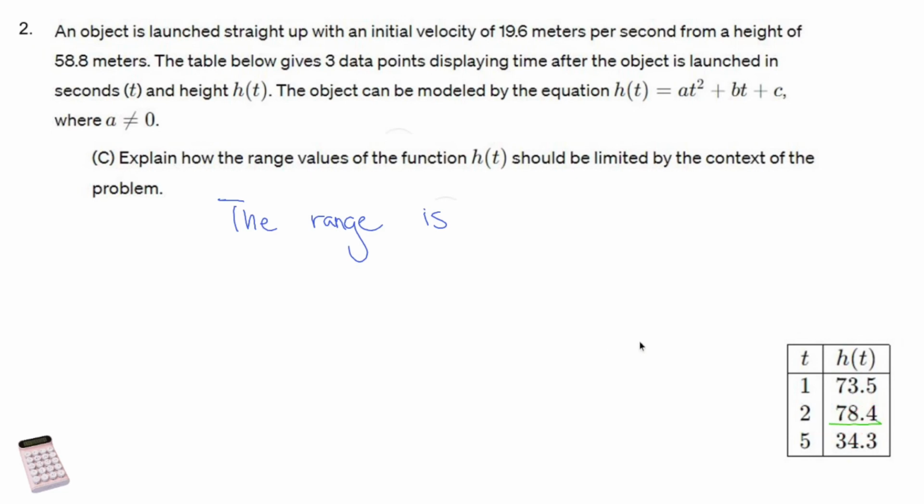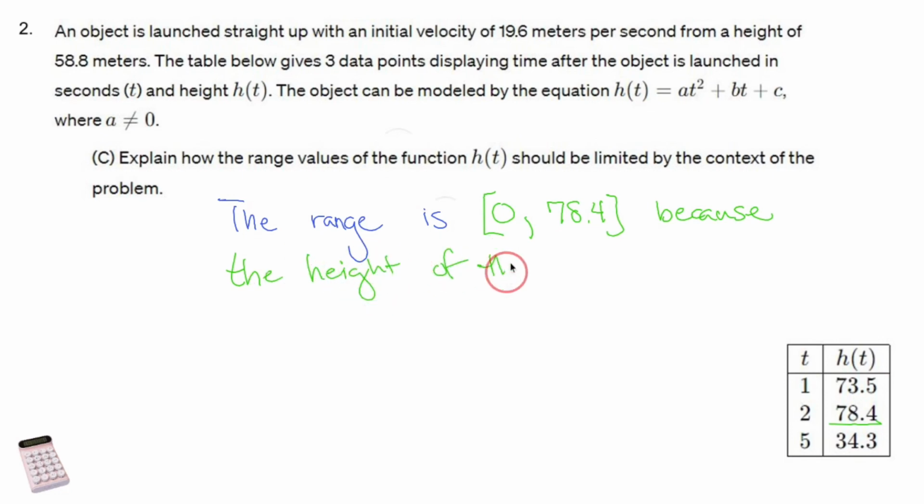That's the maximum, as we found. So the range is, we'll say you're allowed to include 0, and we were allowed to include 78.4 because that represents the height of the object in the sky. The height of the object. So you can't have negatives.